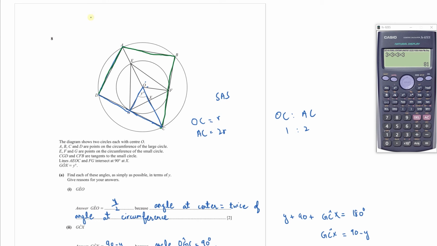Sorry, let me draw this again. So this length BC is a chord in this bigger circle, and this length BC is this distance away. So this is the distance of the chord BC from the center of the circle.